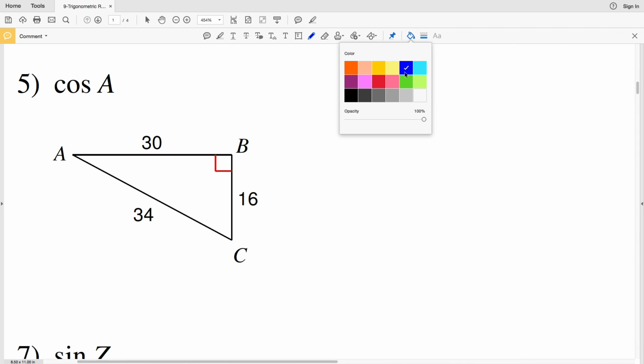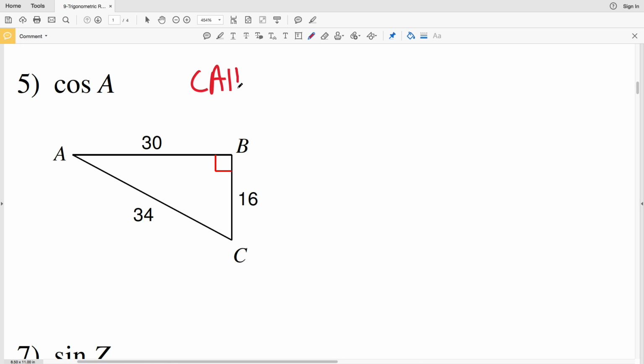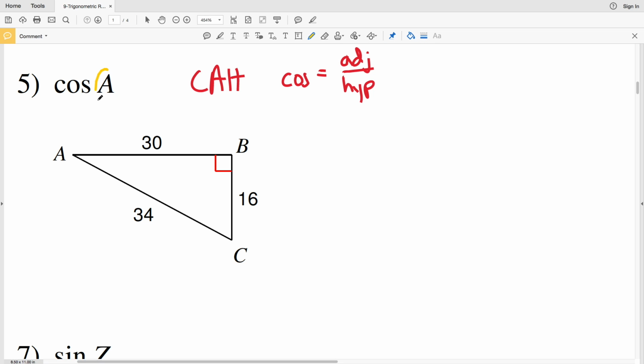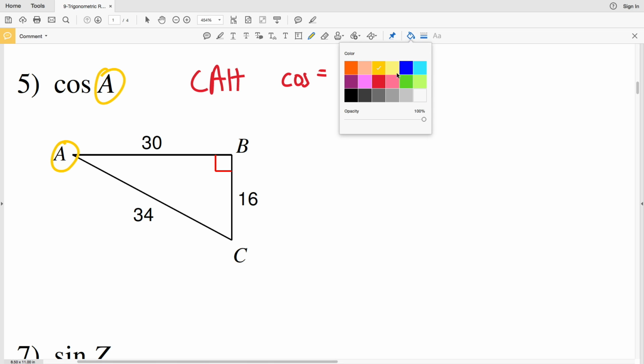In number 5, we're looking for the cosine of A. So cosine, think CAH. That's going to be the cosine equal to adjacent A over hypotenuse H. Locating angle A, we'll look at the adjacent side, and remember, adjacent is what's touching but not the hypotenuse.